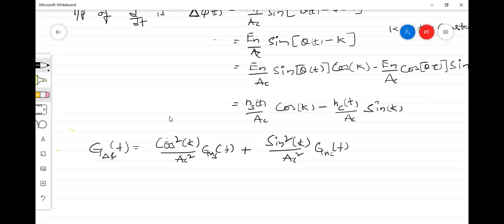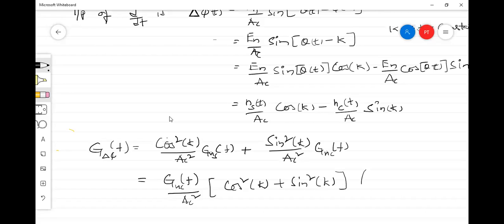From the diagram, these two are equal, so I am taking GNC of f as common, divided by AC square, times cos square k plus sine square k. Why?